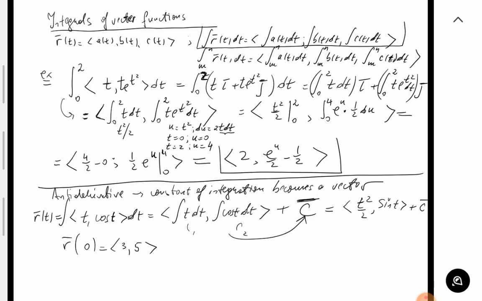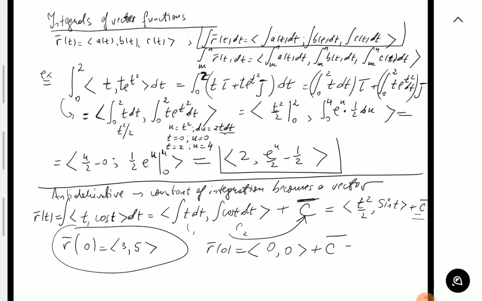Once you compute the antiderivative, then of course you can compute c using this information. You plug in 0 for t, which is not that complicated, because there's going to be 0, sine of 0 is 0, plus c bar equals 3, 5. So the constant of integration becomes 3, 5.